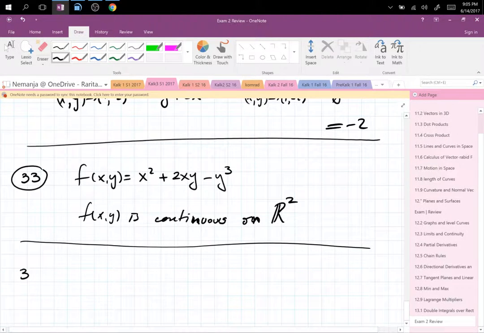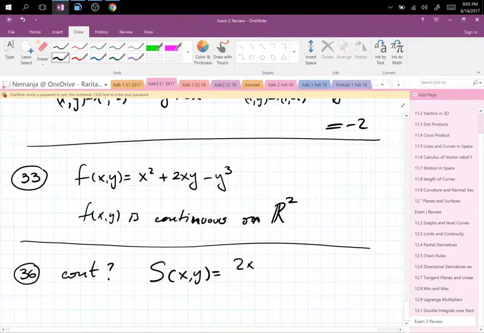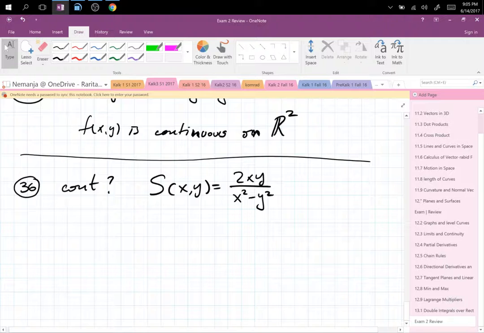So here's 36, asking the same questions on continuity, and we have f of x, y equal to 2xy divided by x squared minus y squared. So now when you're looking at this problem, we know that we are going to have discontinuity when denominator equals 0, right?